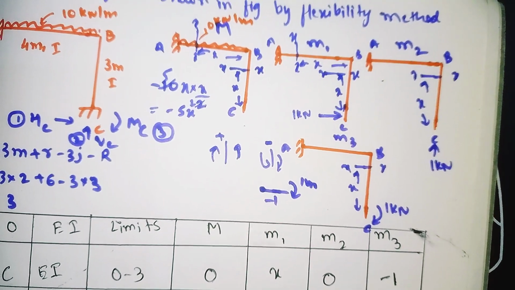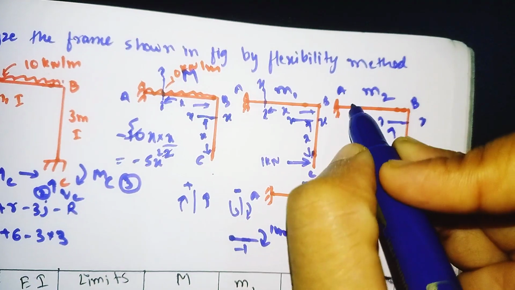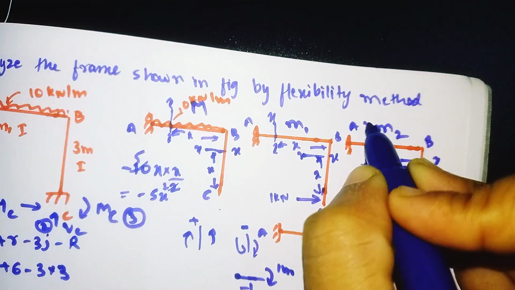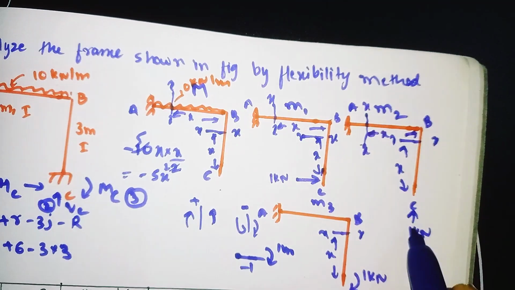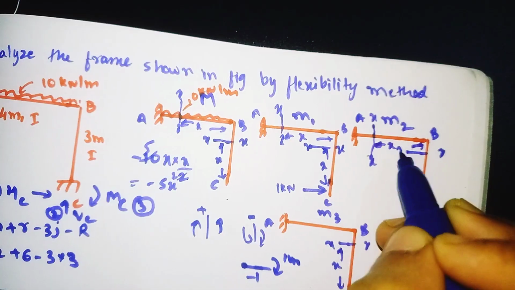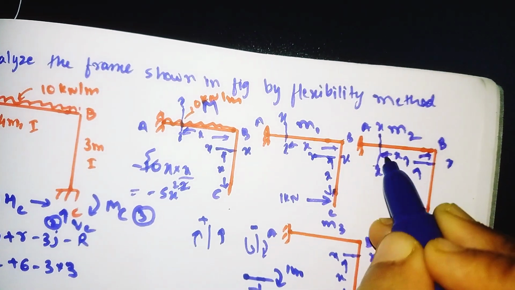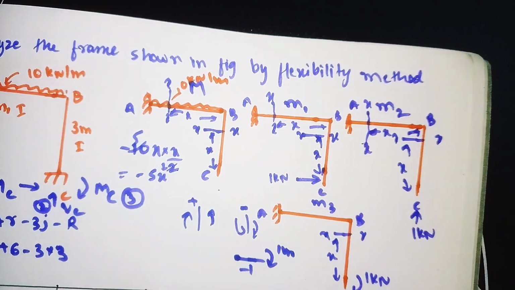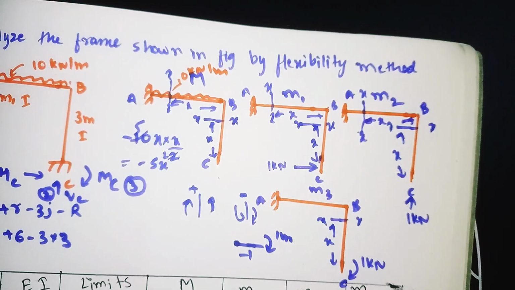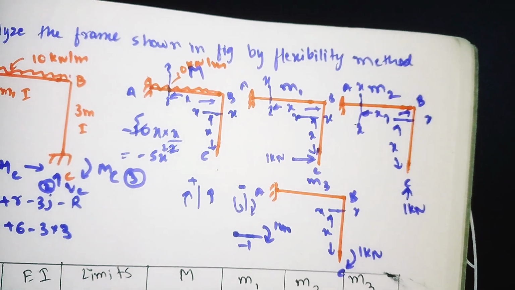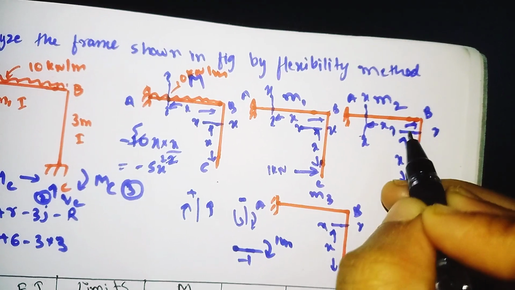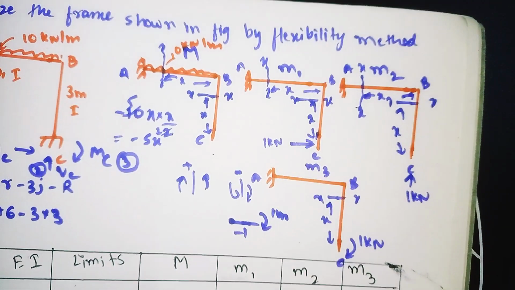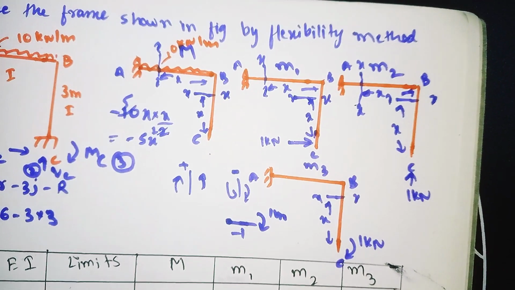Similarly for M2, if you cut the section at a distance of x from the origin B, the 1 kilonewton is acting at a distance of x from here to here. So our M2 becomes x. It is going upward, so we need to take the positive x.